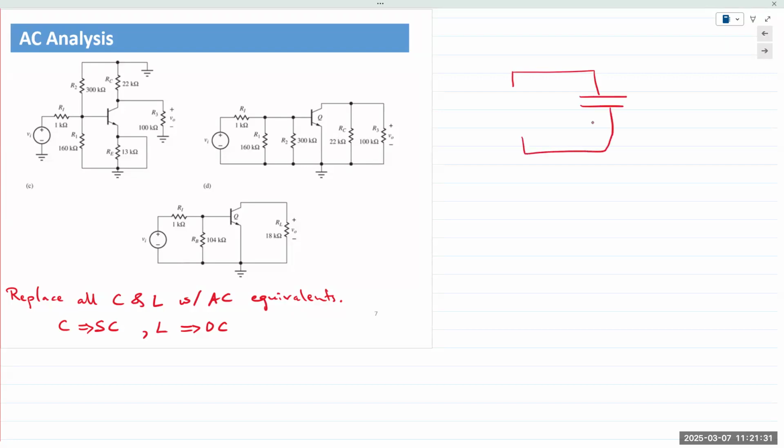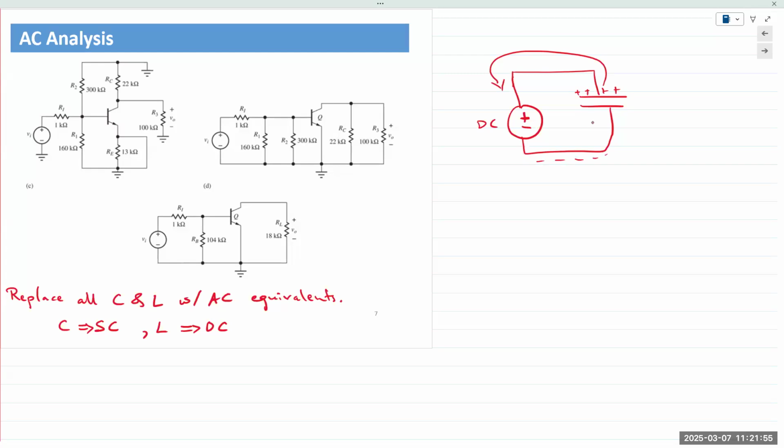Just a quick recap. If you apply DC or AC for that matter, what happens to the electrons in the wire and the plate? They get pulled towards the positive terminal, leaving behind positive charge.